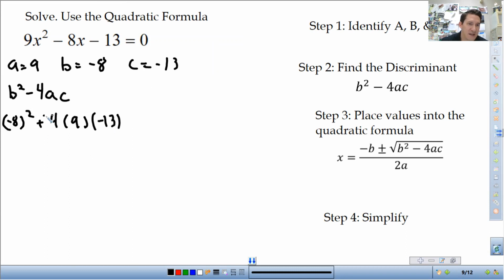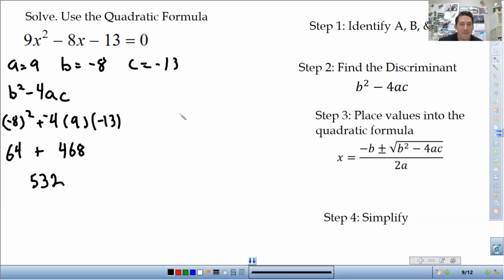I'm going to make this plus and negative 4 just to help keep track of all the negatives in there. 8 squared is 64 plus negative 4 times 9 is negative 36. I'm going to use a calculator. So negative 36 times negative 13 is 468. Wow, that's a big number. 468, add that together. We get 532.